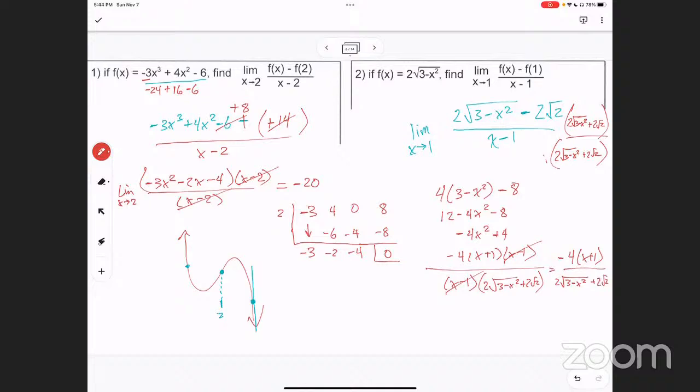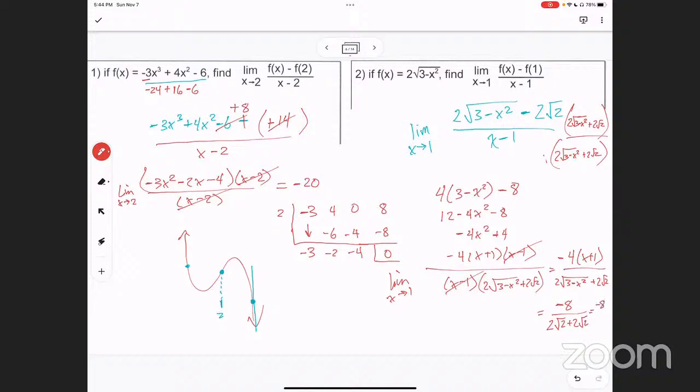Now when you plug in 1, I can find the limit as x goes to 1. I'll get negative 8 on the top, and on the bottom 2 root 2 plus 2 root 2, so that's 4 root 2.